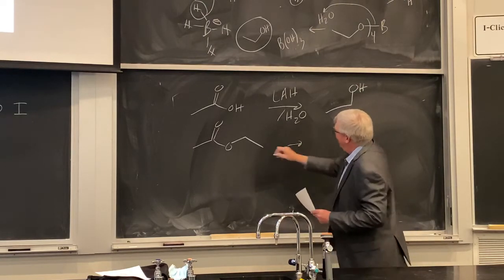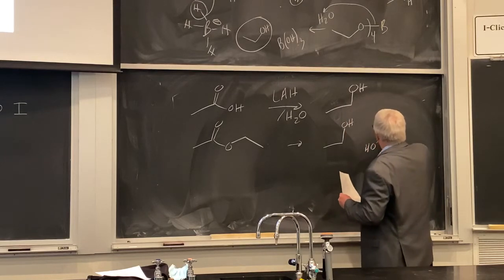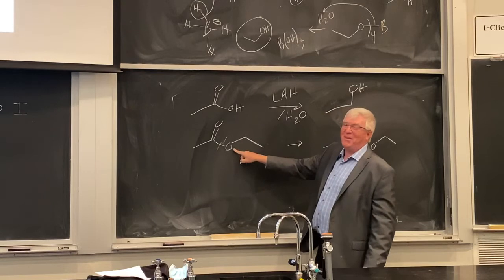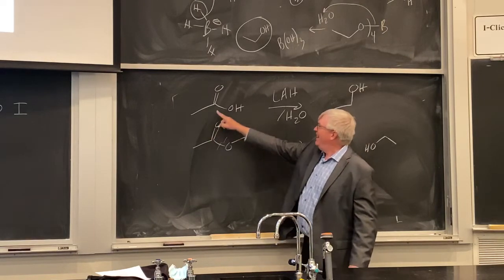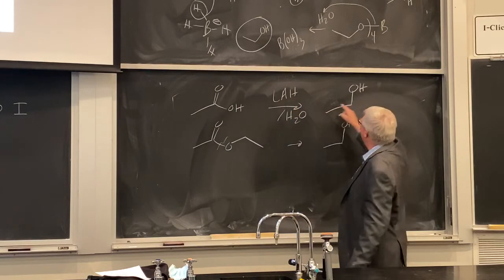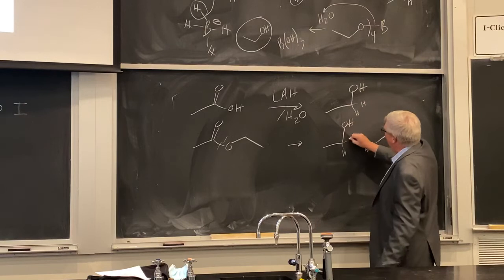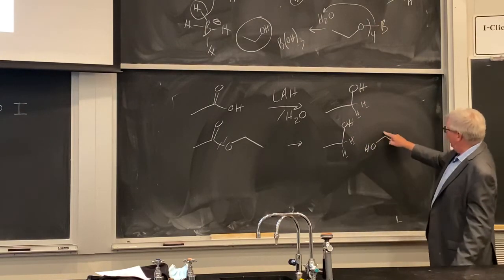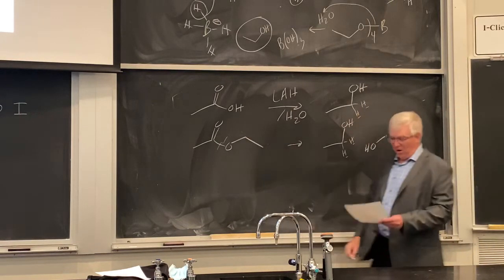Oh, you reduce the carbonyl, and this looks kind of funny, but you get two alcohols? Yeah, you're going to get this alcohol when it comes off the tetrahedral intermediate, and then you're going to reduce here, okay? And notice when you say reduce with LAH, there's two hydrides that need to go on there from LAH. There they are, okay, on that substrate. These two hydrogens here were on the original ester part right there.